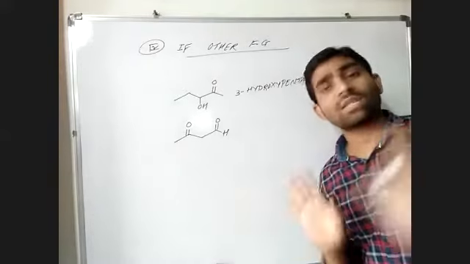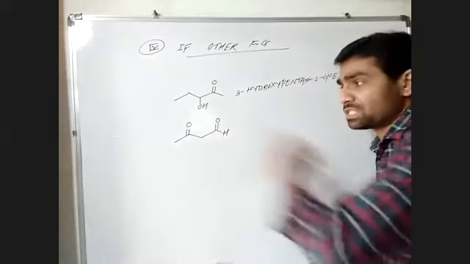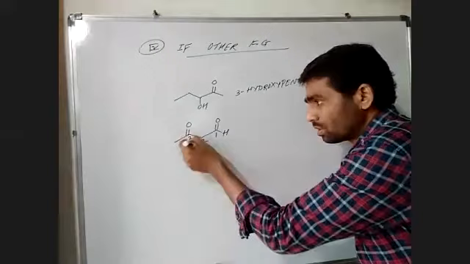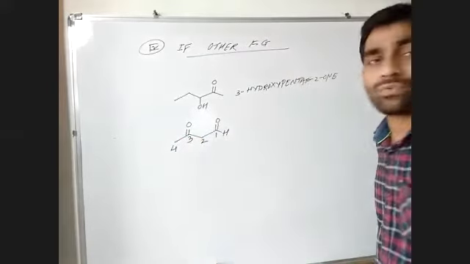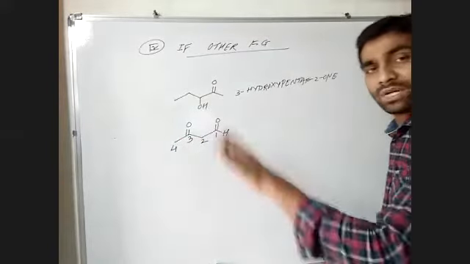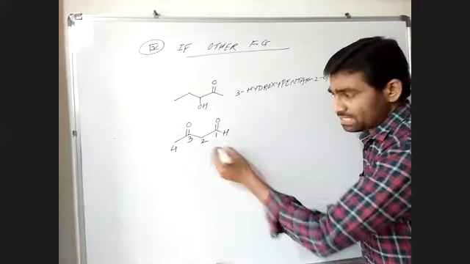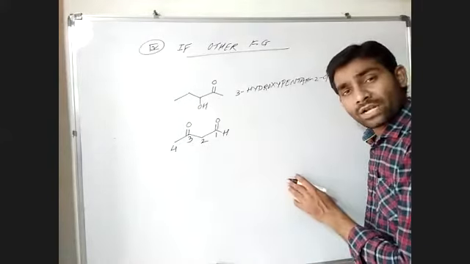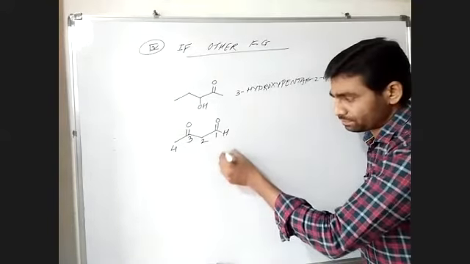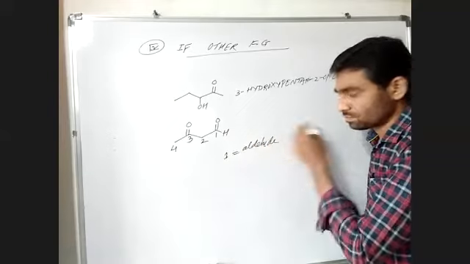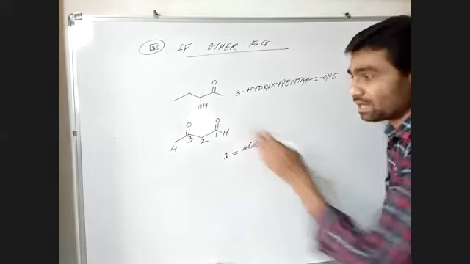What do you do? First, you number the chain. This is the chain: number 1, 2, 3, 4. Now what is the number of the aldehyde group? Number 1. And what is the number of the ketone?